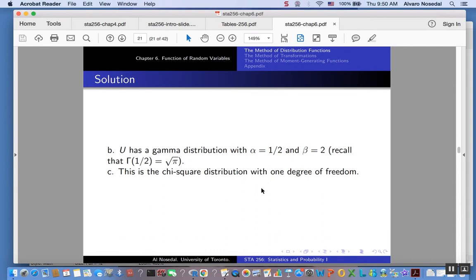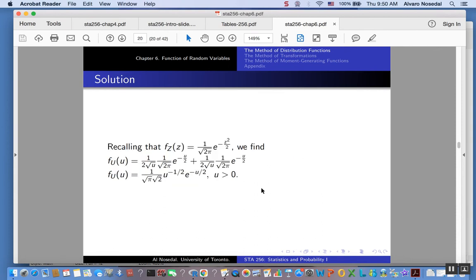So again, let's summarize what we just did and what the method of distribution functions is about. What we do here using the method of distribution functions is exploiting the relationship between the CDF and the PDF. If you take the derivative of the CDF, you will have the PDF.